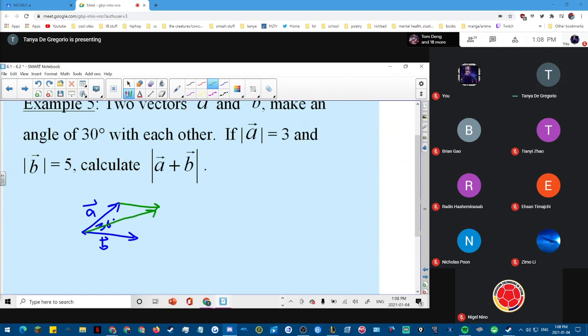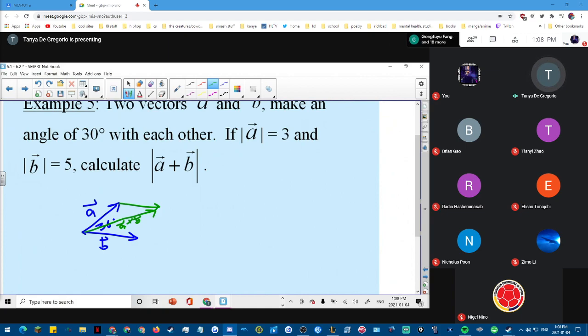But that 30 is still going to help me because as we saw before, I can form a parallelogram, and then I can find all the angles I need to solve this problem. So this is A plus B, and I want to find the magnitude of it.